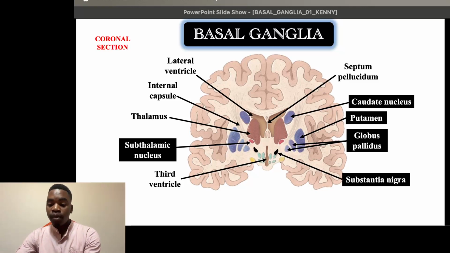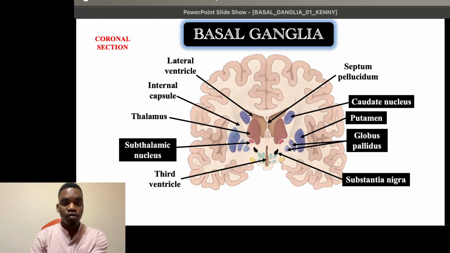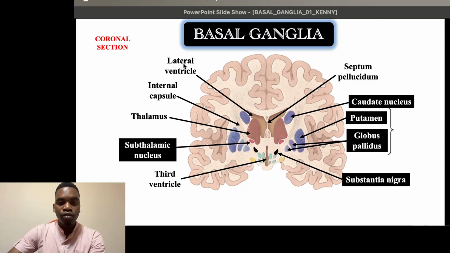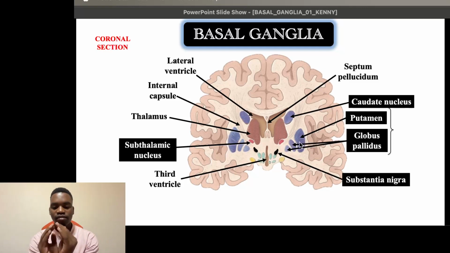Remember that the nucleus accumbens cannot be seen from this view, and we have a special view that will reveal the nucleus accumbens as one of the subcortical structures. These two nuclei here, the putamen and the globus pallidus, form a lens-like shape.